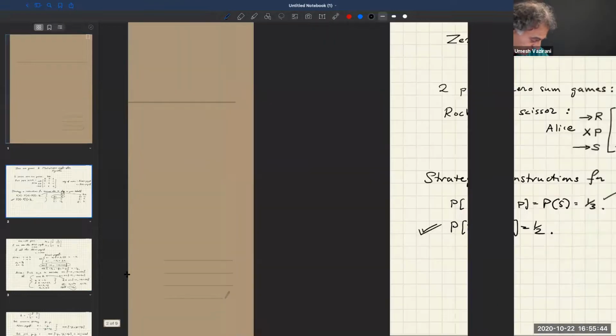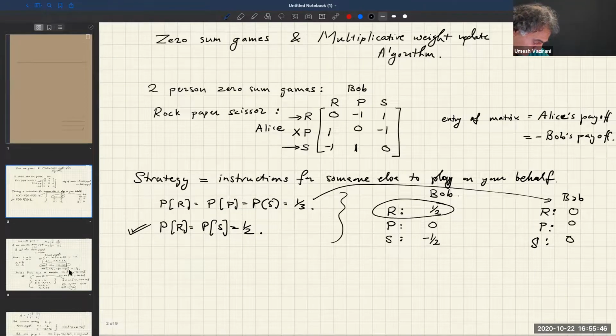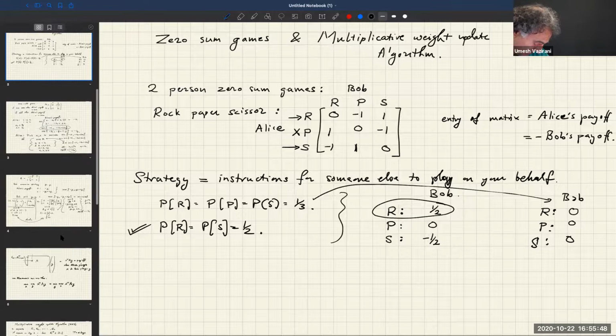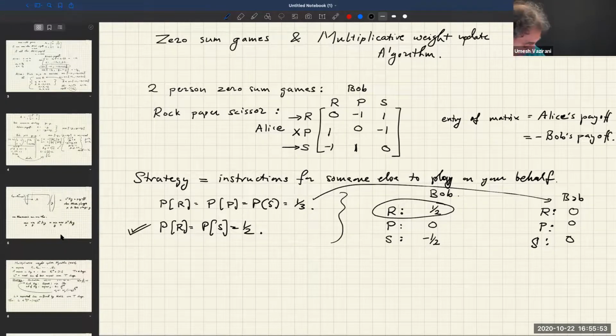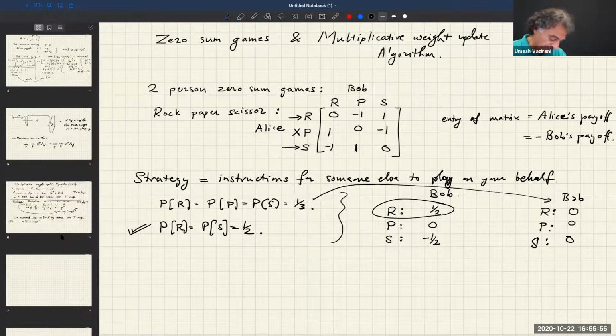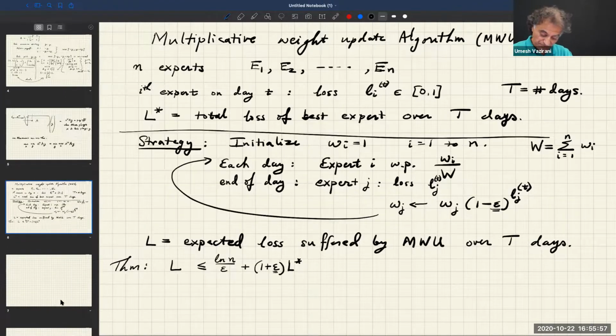There's a question of how to pick an epsilon parameter. You just pick it according to the theorem. The theorem tells you what guarantee you would like. There's a trade-off here.